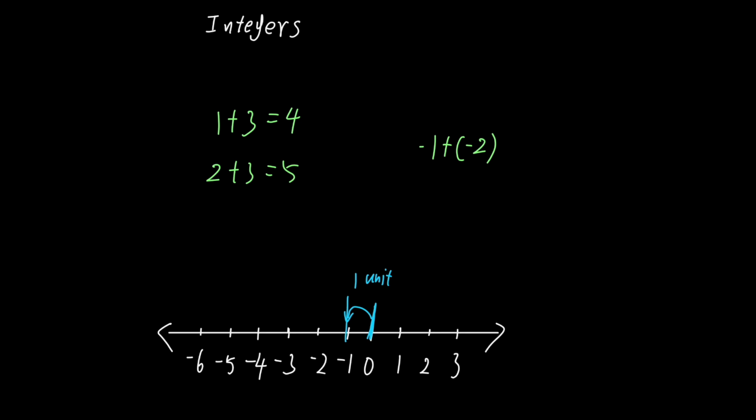So we start from here and move to the left with 2 steps. 1, 2. 2 units. And here is the final destination, and it corresponds to negative 3. So negative 3 is our solution.